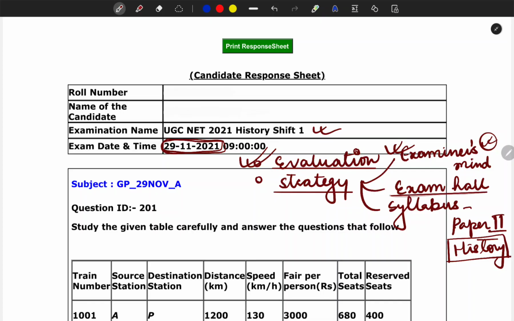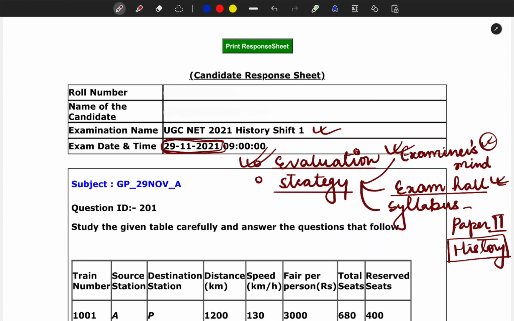The second thing is how you have to approach the paper in the exam hall, where the environment will be different. Here I am telling you that you should decide on this and you should have known this, but these things are not going to work in the exam hall.